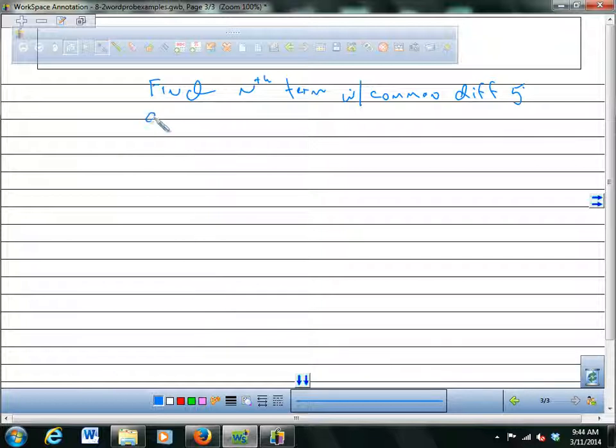Oh, you don't even have to think, it's just plugging in. The first term equals 9. So all you have to do is go a sub n. What goes next? What goes here? 9 plus n minus 1 times 5. Okay? So there's a formula for finding the nth term if the first term is 9 and the common difference is 5. Easy enough? Okay.